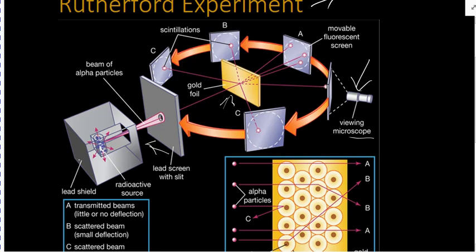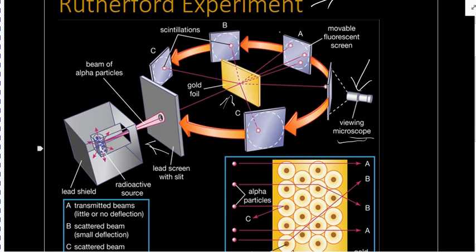This microscope is connected to a screen. The screen is where the image of the alpha particles that pass through the gold foil, or the ones that were reflected back, is produced. So he was able to monitor the different angles through which these alpha rays got deviated.